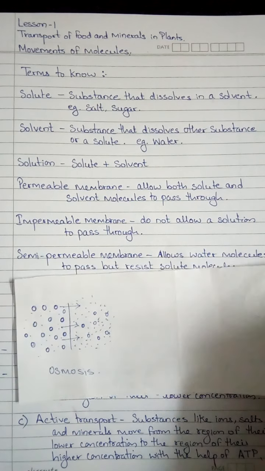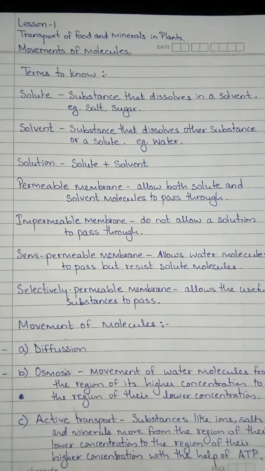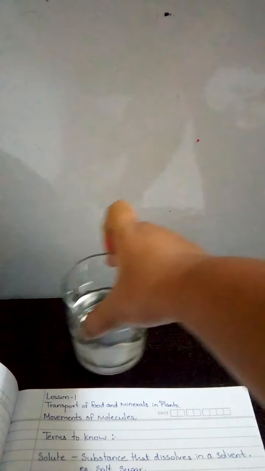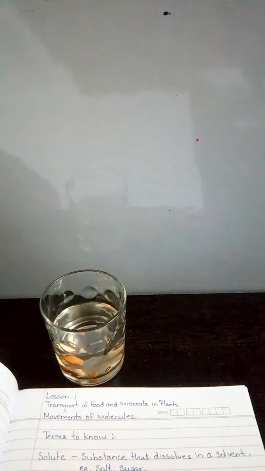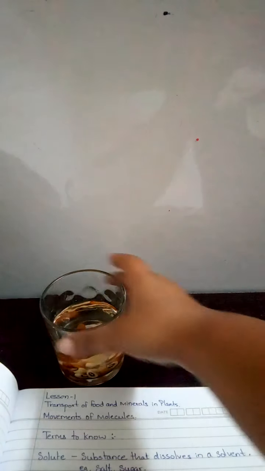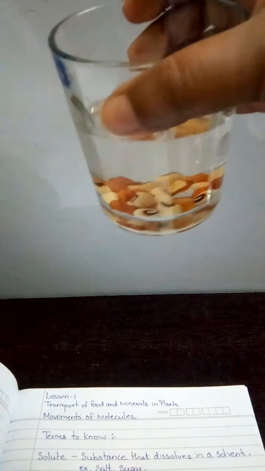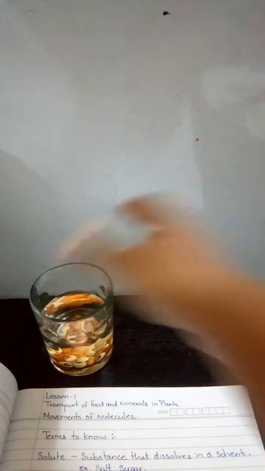Okay, so an easy example that we use in our daily life, it can be, I take some water and I'm going to put some seeds into it. Okay, I'm taking few seeds and I'm putting it into the water. Now if I'm going to put these seeds for overnight, what is going to happen? Yes, the seeds will swell up. So this is the overnight.